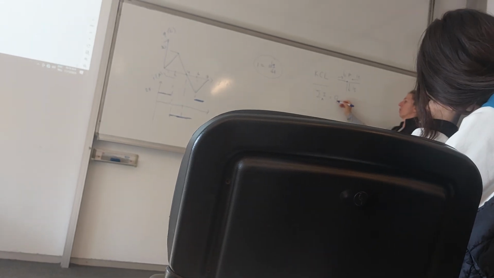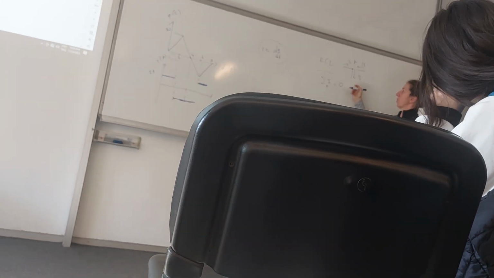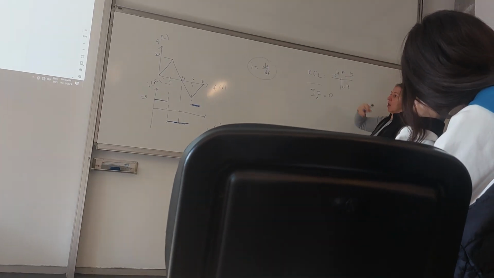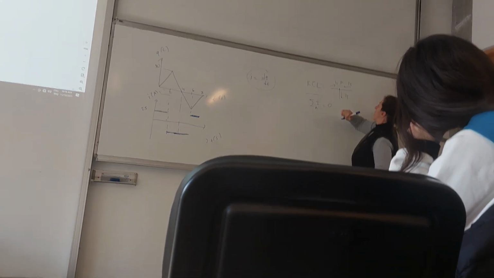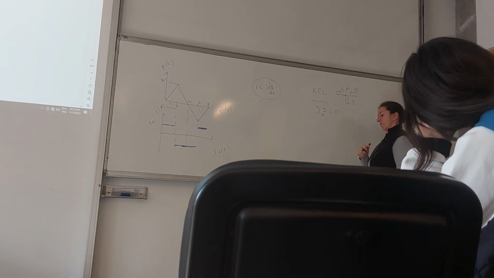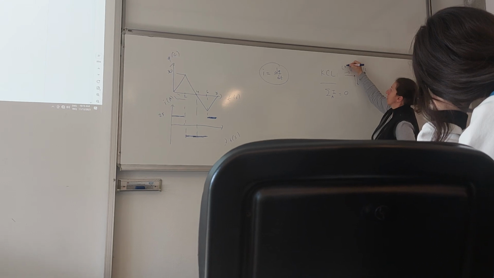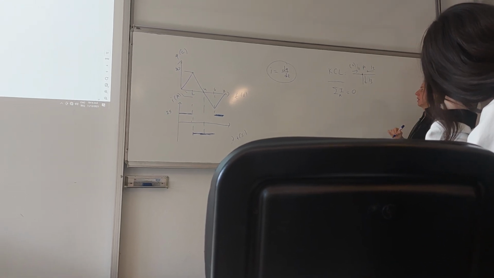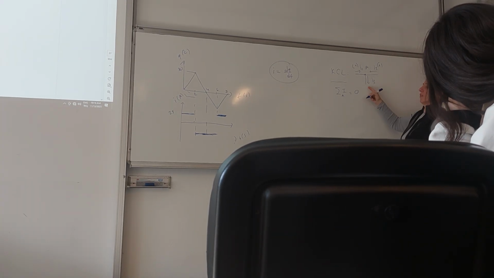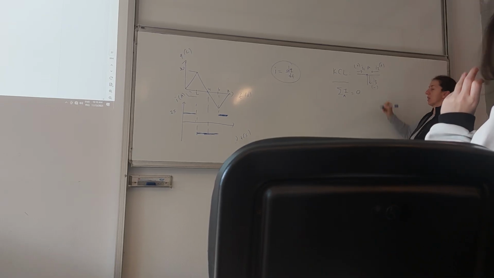So the only way to get 0 is that some of the values should be positive, some of the values should be negative. The convenient way of doing it: if a current is entering the node, it is accepted as positive. If it is leaving the node, it is accepted as negative.